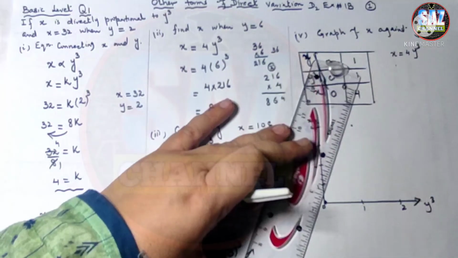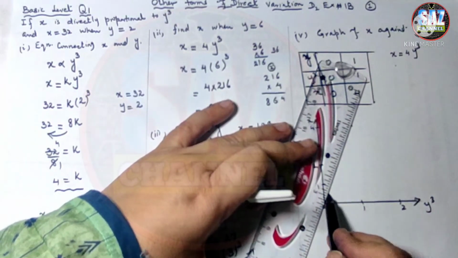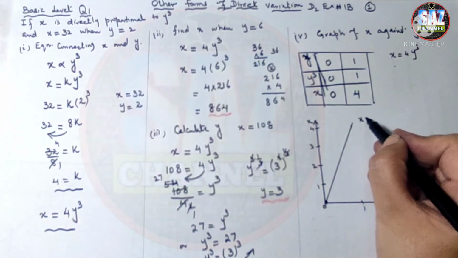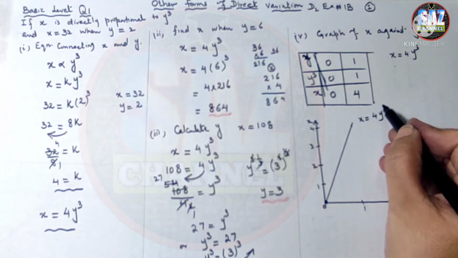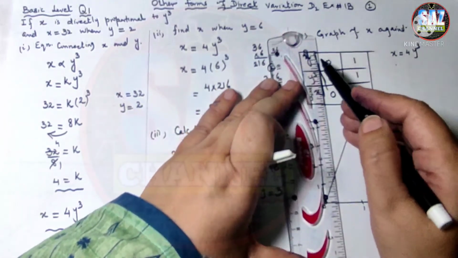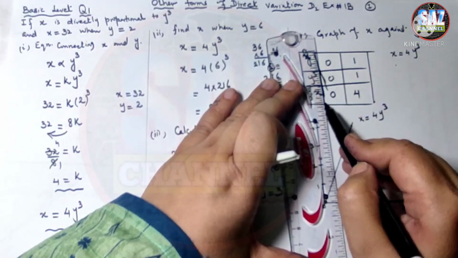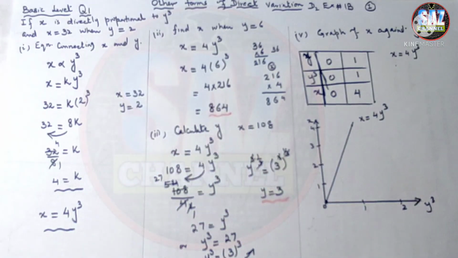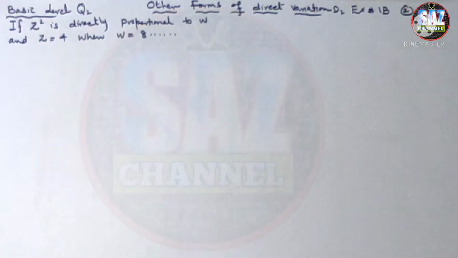The point will come, and I have to join these 2 points, and this will be x equals 4y cube. The graph of x equals 4y cube. I hope you are really clear about how we are drawing the graph of such situations. And let's move to the next question.